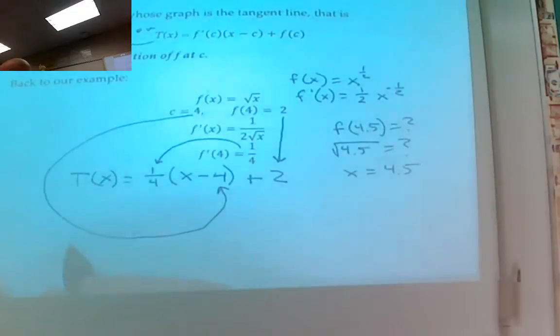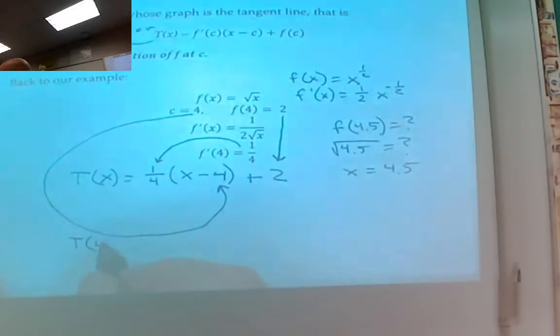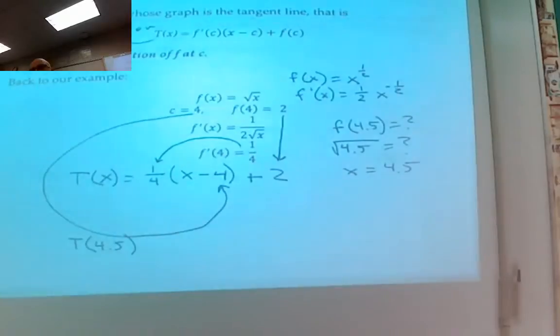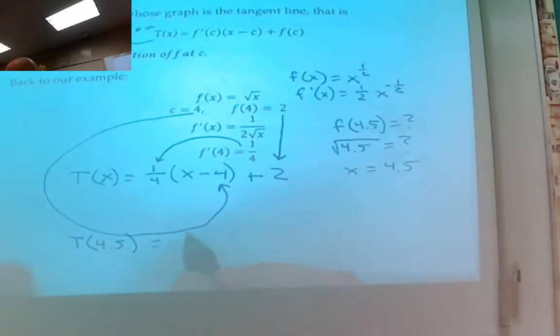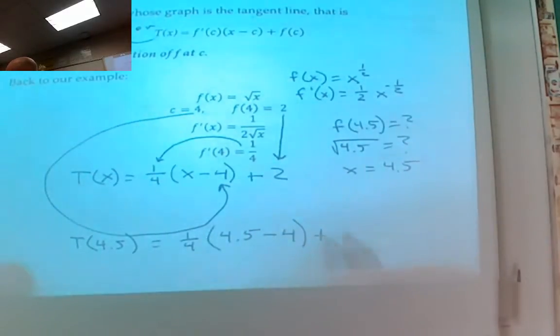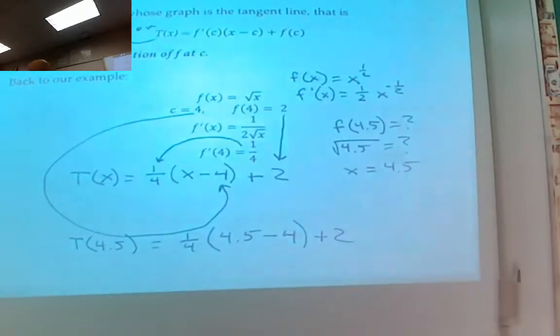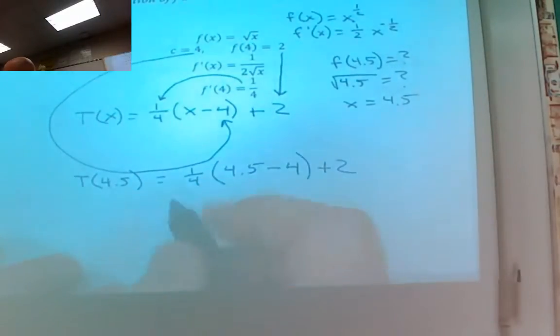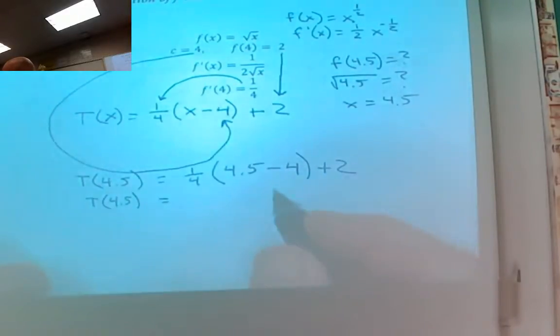So now what I'm going to do is plug 4.5 into there. And I'm going to have 1/4 times 4.5 minus 4, plus 2. That gives me 1/4 times, 4.5 minus 4 is what? 0.5, right?